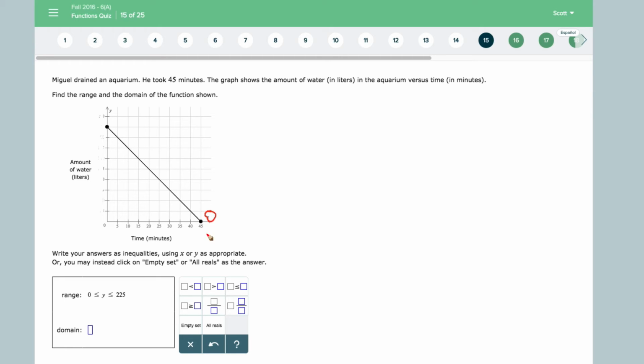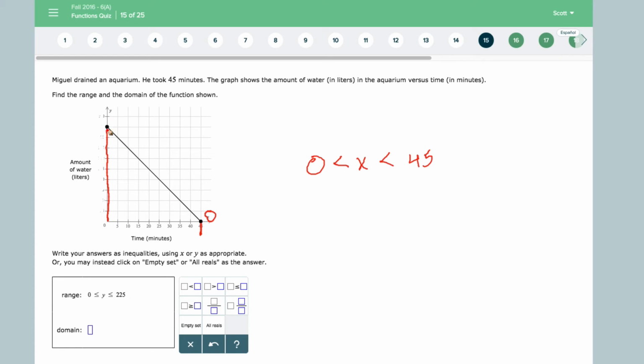Okay, only x. So where's our lowest x? Well, the only number that is available goes down there to 0. So we have 0, and the highest number is 45, with an x in the middle, less than, less than. And what do we have here?